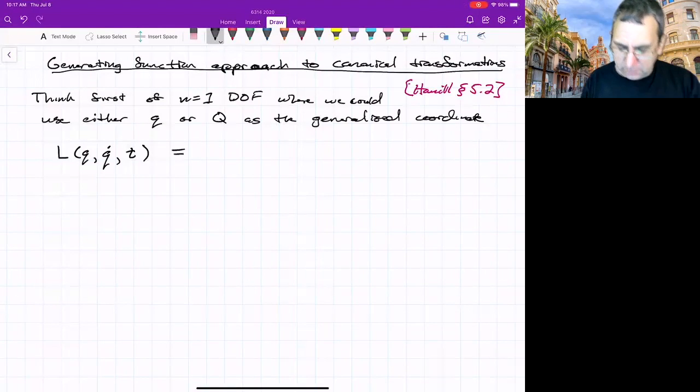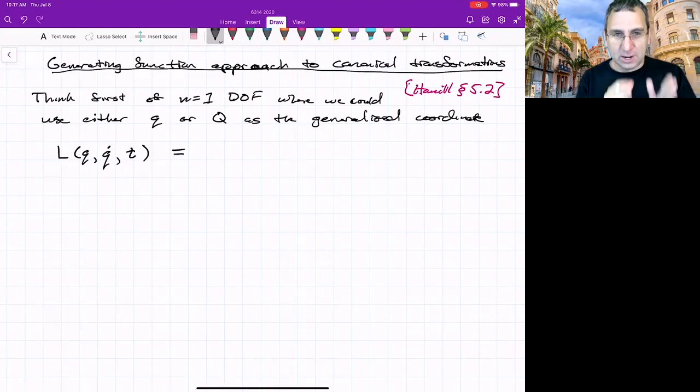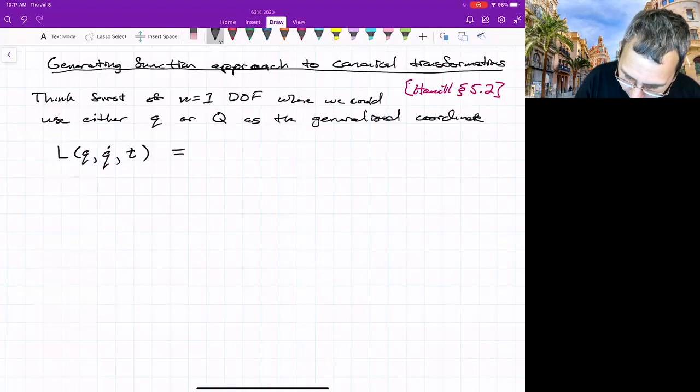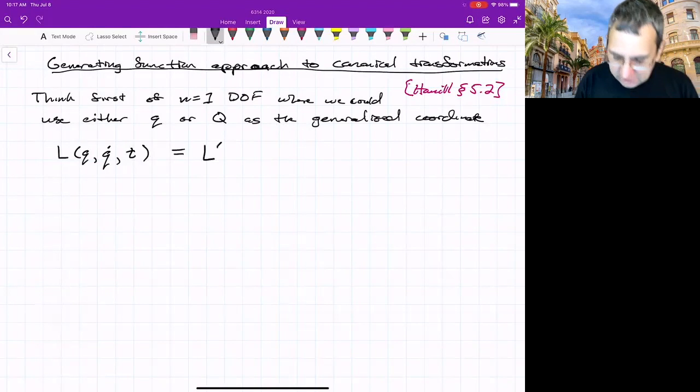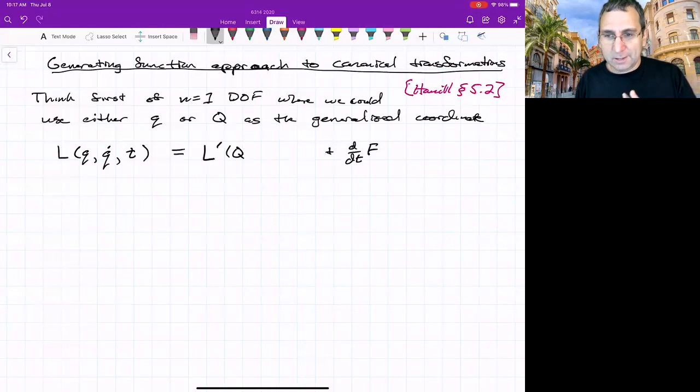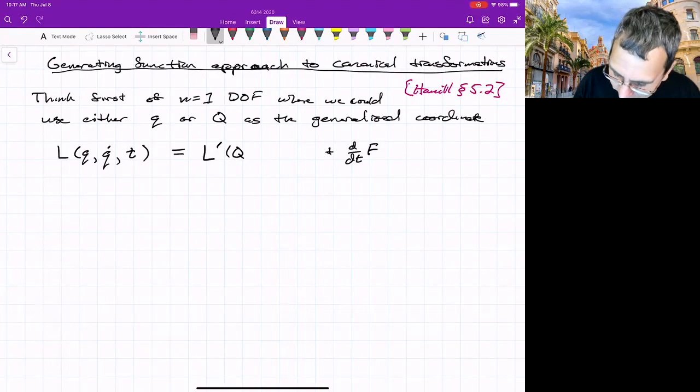And remember what we ended with last time. We said you could write L in different ways, where you've got an L prime, just a different Lagrangian, plus a total derivative of some function f. Well, in this right-hand side here, L prime could be a function of the other q, big Q. And remember, big Q, you can write big Q in terms of little q, and vice versa.